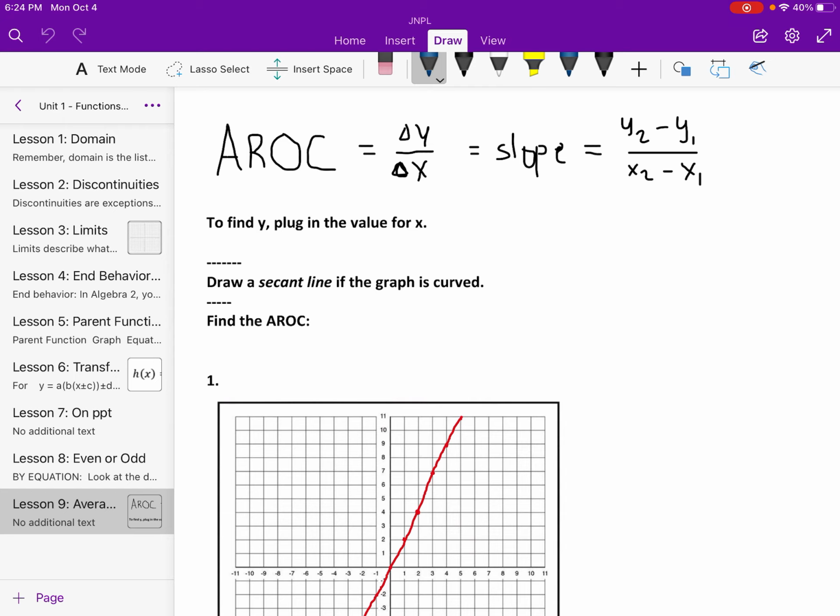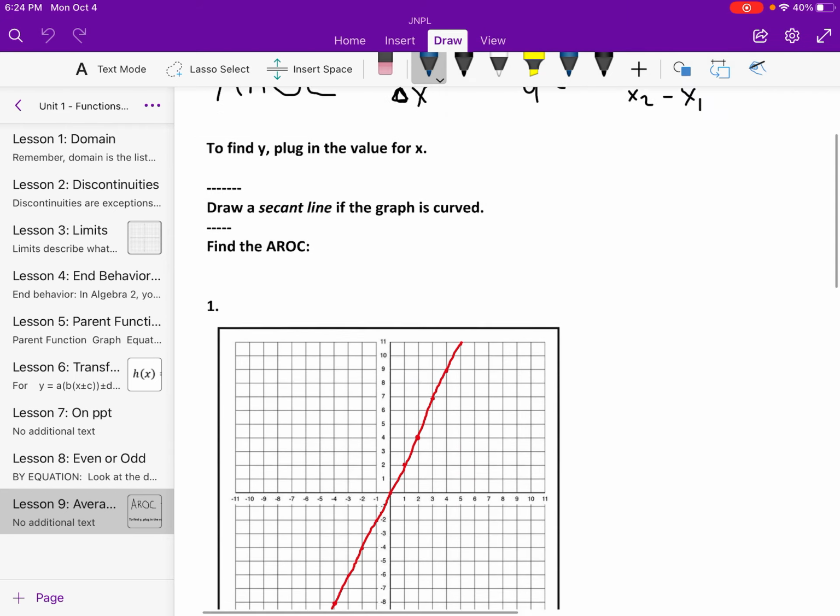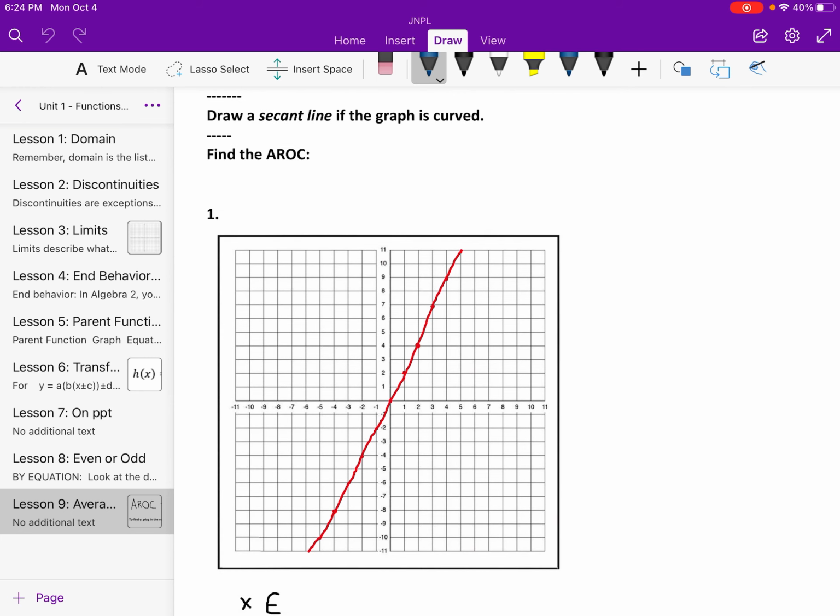And it's the same thing as slope, but the reason why we put it into this form is because sometimes you can't find it as easily when it's a curved graph. If you want to find a y value, just plug in whatever x value you have for x. And you can draw a secant line, which means there's 2 points touching a curve if a graph is curved.